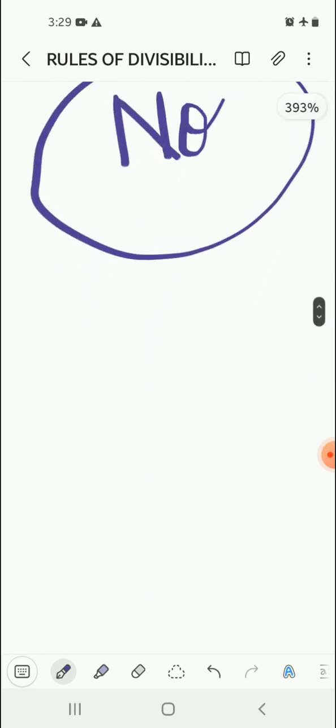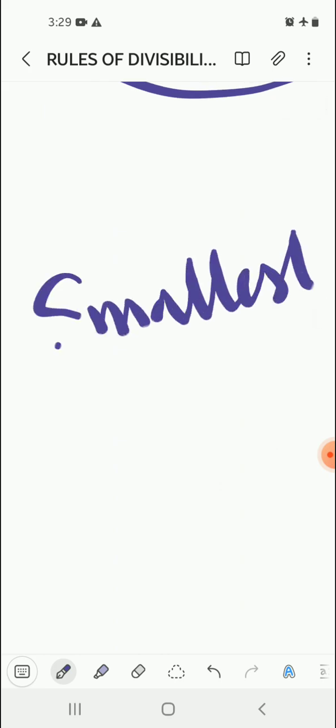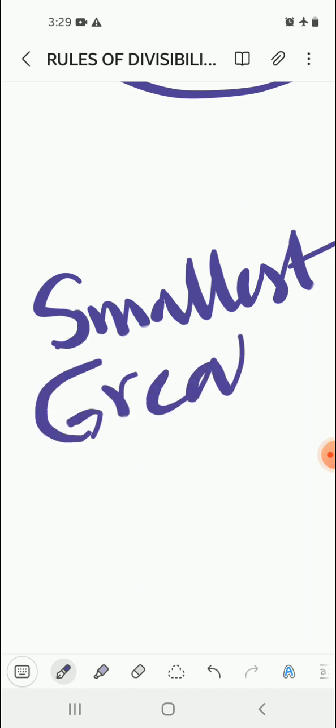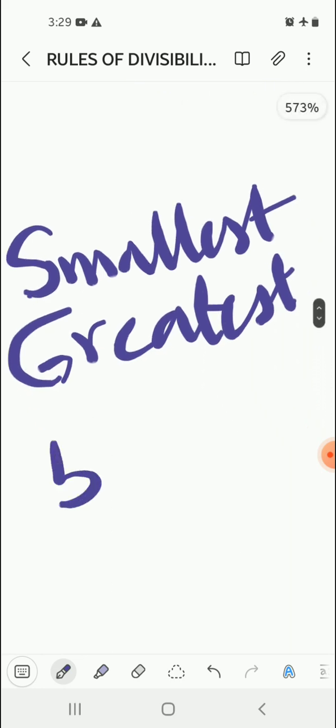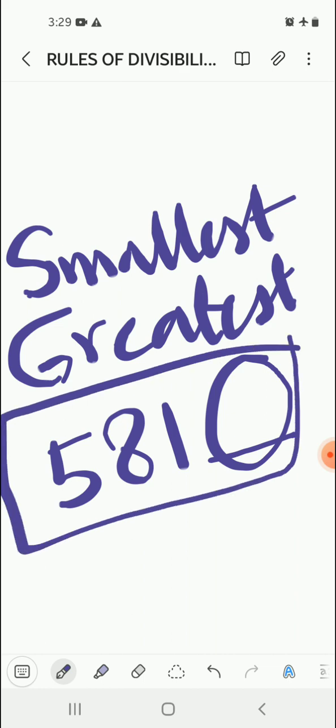Now, if we are asked to find the smallest number or the greatest number and there is a blank in a given question, for example, the number given is 5, 8, 1, then dash. So what will be there in this place so that the number formed is divisible by 5?